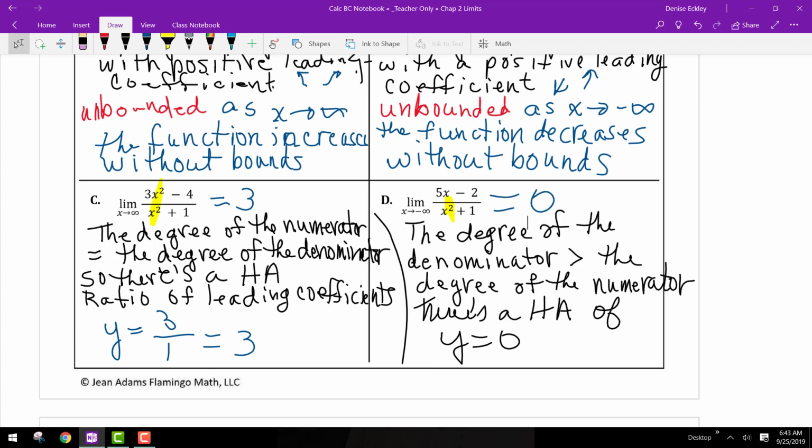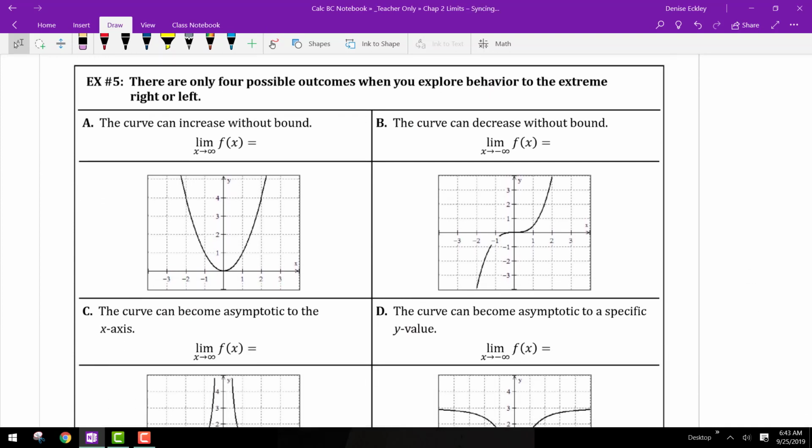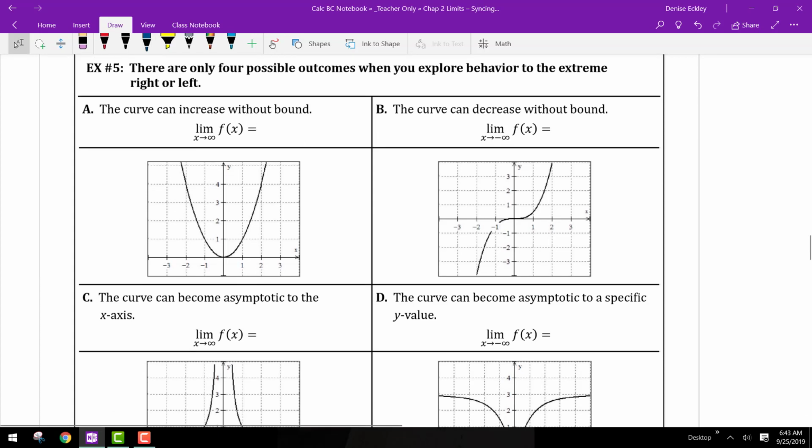Hopefully you remember that from last year. We only have 4 different outcomes when you look at the behavior to the extremes left and right, so very large x or very small x. In part A, the curves can increase without bounds like a polynomial, and I have a parabola there in the picture, so it's going to positive infinity.